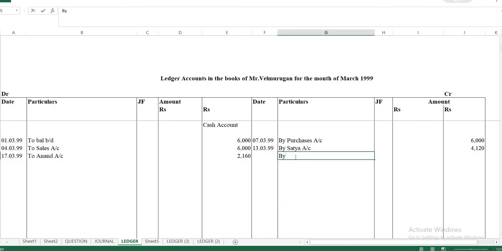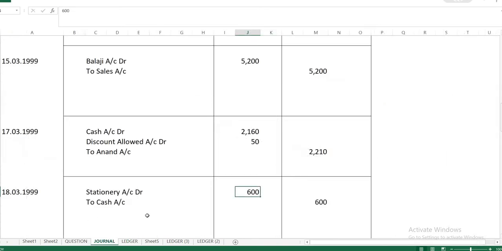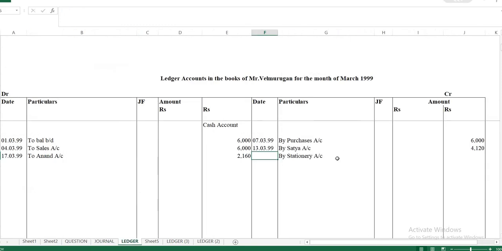By stationary account. The date, 17 or 19, whatever date, 18. So that date has to be filled up, and that amount 600 has to be filled up.